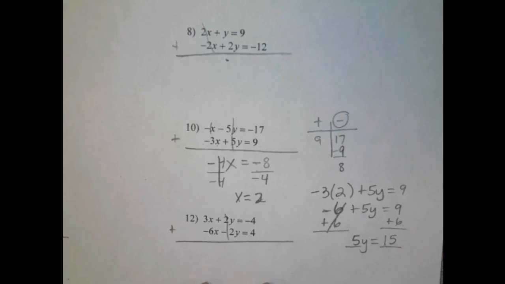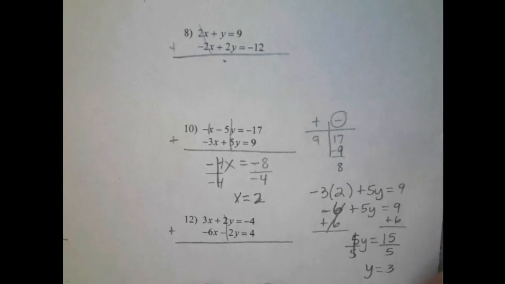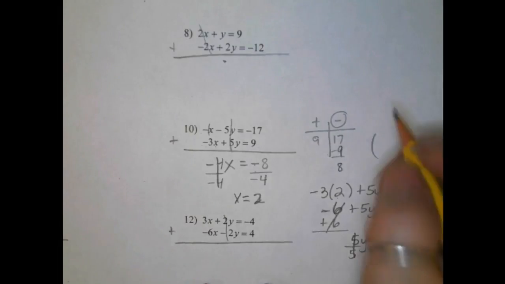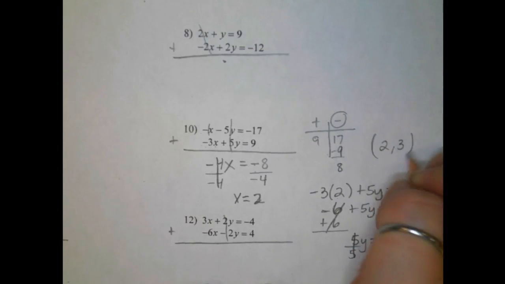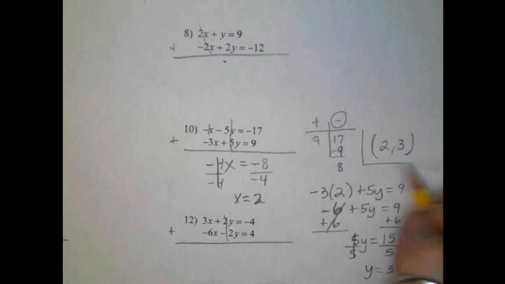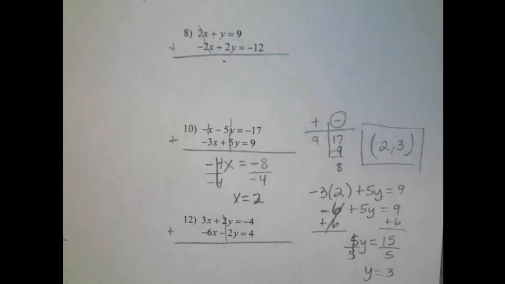Divide both sides by what number? What does y equal? So what's my actual answer? 2, not 2/3, 2, 3. You're on the right track, though. Easy peasy lemon squeezy, right?